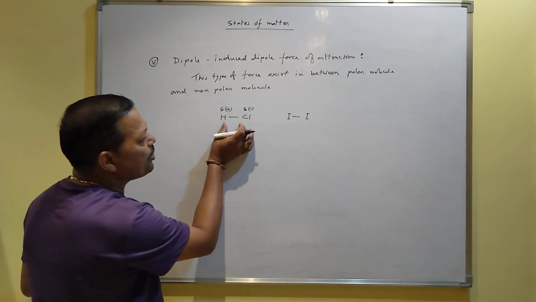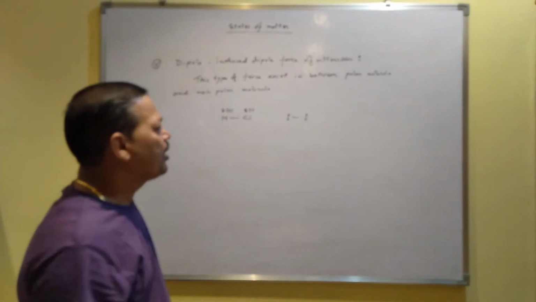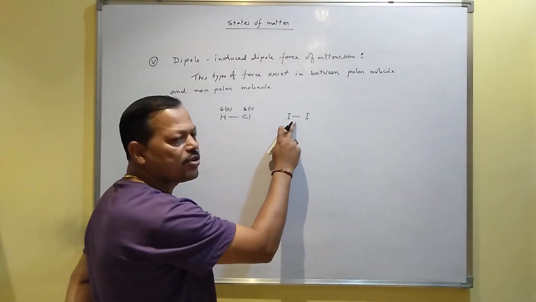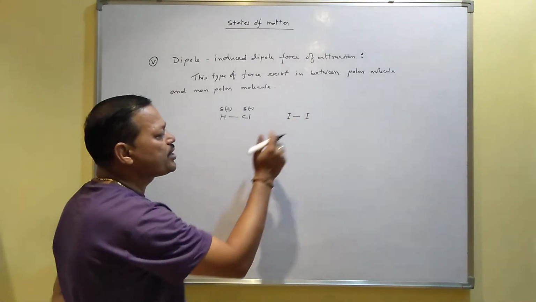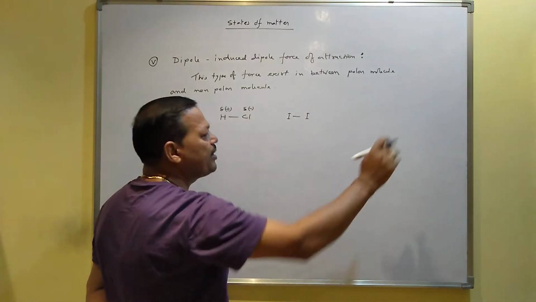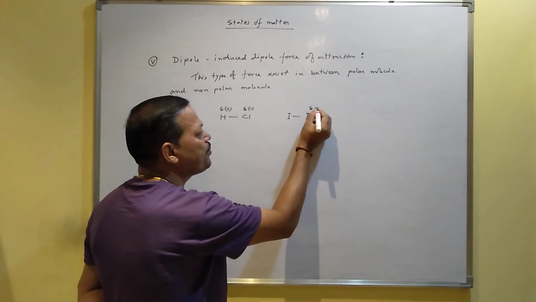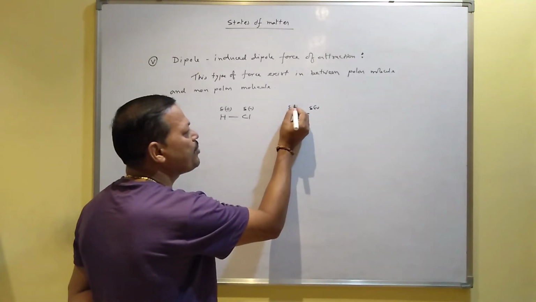When this polar molecule comes towards this non-polar molecule, what happens? This side is negative, right? Negative repels the electrons of this iodine molecule, and due to this repulsion, all the electrons of the iodine molecule go towards that side, and that is why inside this iodine the electron density increases and it becomes delta minus, and the other iodine becomes delta plus.